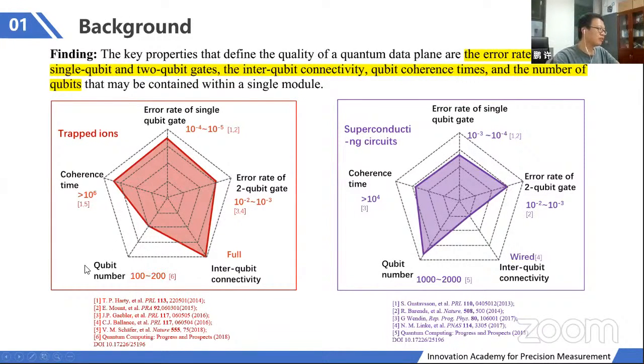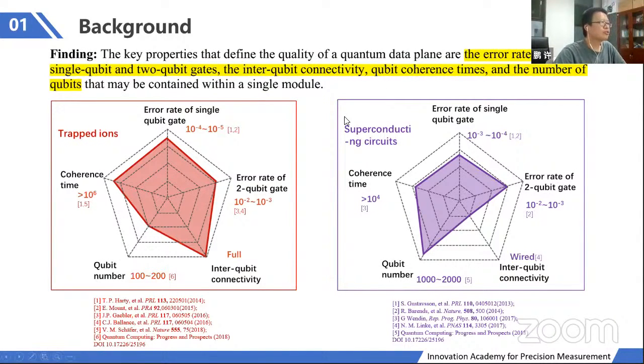But the problem is that when the trapped ion system is expanded to large scale, to a qubit number of 100 or even 1,000, the fidelity of the qubit gate will decrease.